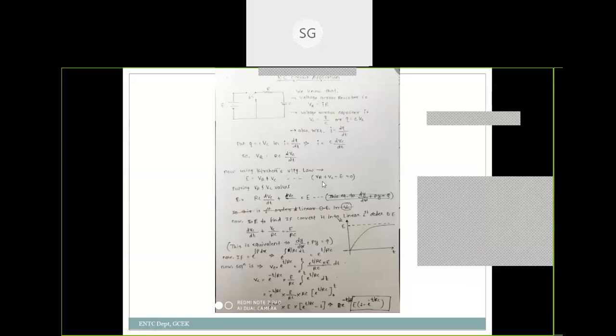And if we want in terms of Q, then simply we have to put I is equal to dq by dt, and Vc is equal to Q by C. Since here we are much more interested in keeping the variable as Vc, that's why we have kept it in the form of Vc. So do you agree that RC dVc by dt plus Vc is equal to E is a first order linear differential equation? Please confirm.